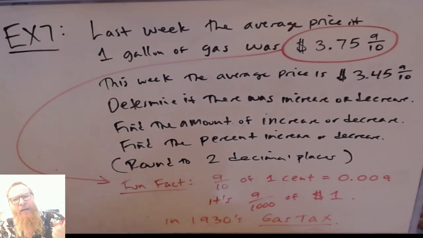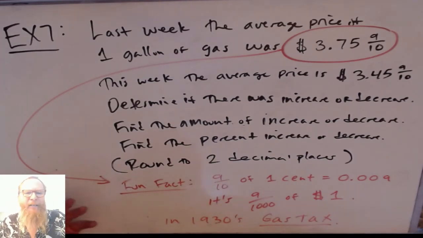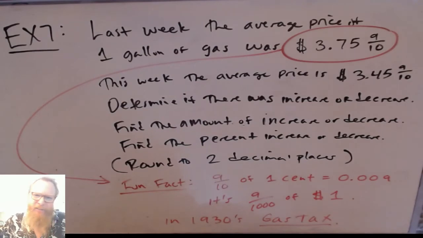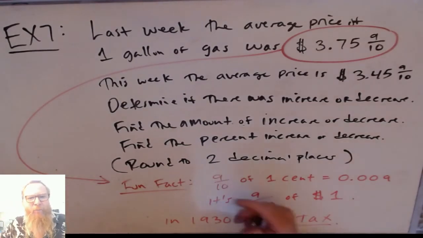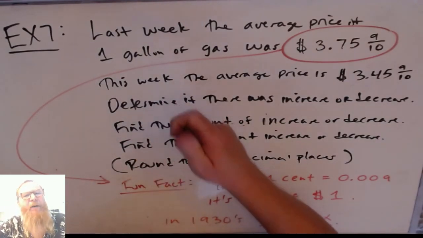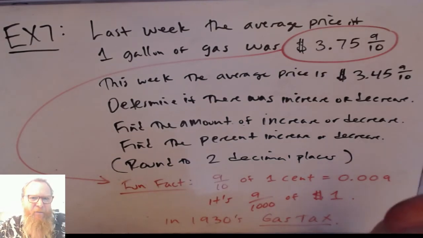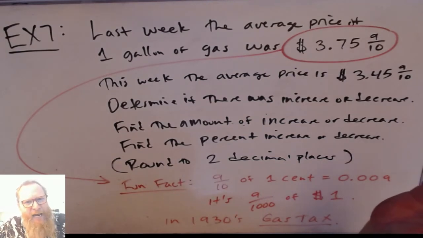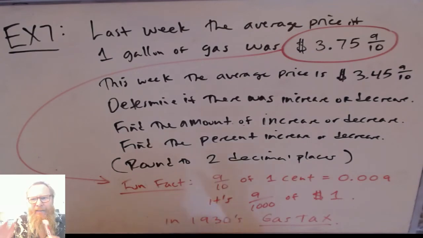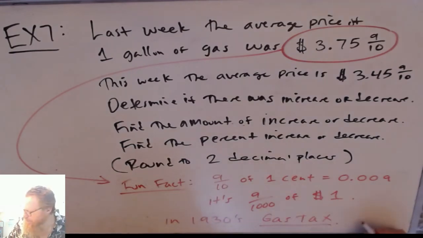If you're a gas station, you don't want to advertise 5-cent gas and then when you go and pump your gas, they say, oh, but it's actually 6 cents because there's a 1 cent gas tax. And so in the 1930s, the gas was only 5 cents.